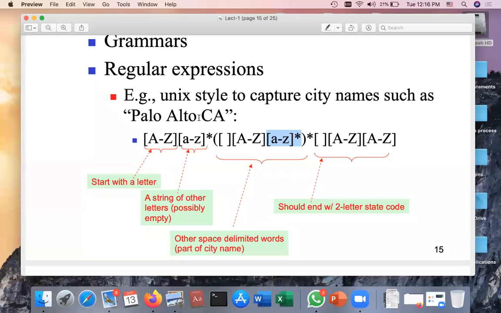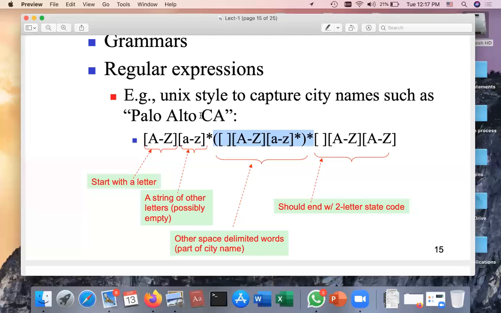And if there is another string after this Alto, with space Balto, that can also be produced from this portion. And if we have another string after that, Balto with space Calto or space Malta or space even my name Kesser, that can be produced from this part. So after Palo, space and Alto, these strings can be generated from here.